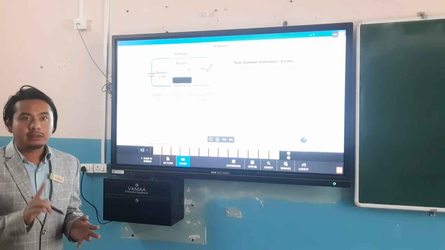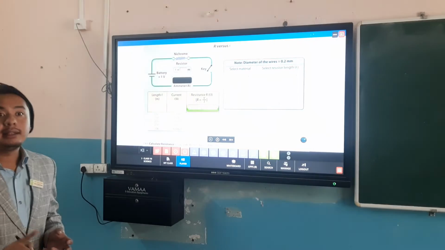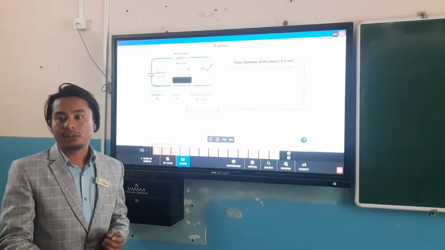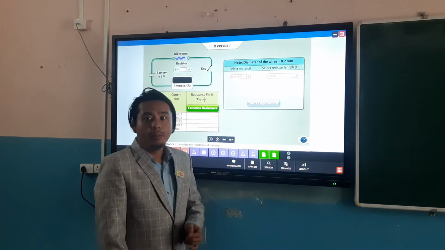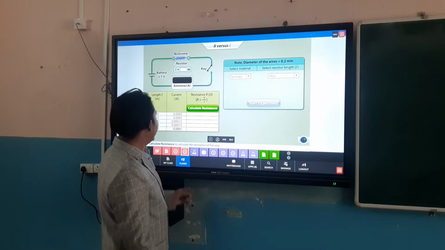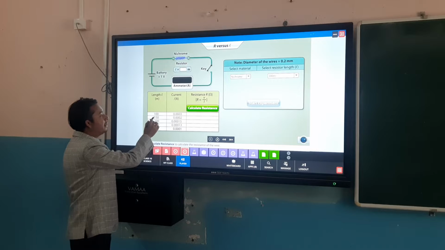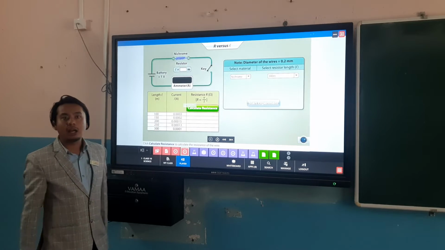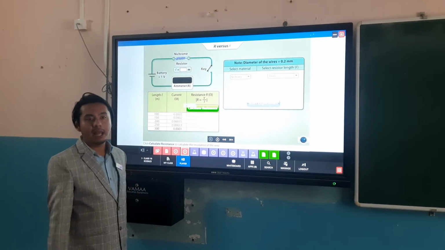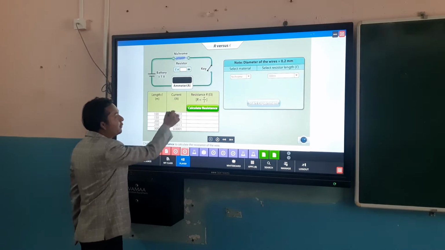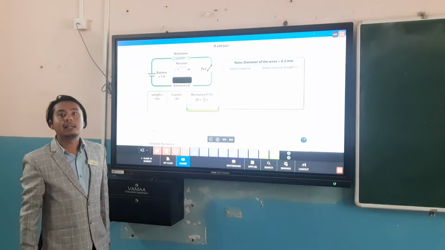The thing that is varied is the length of the nichrome wire. If you focus here, you can see every time you increase the length of a conductor, the value of current is decreasing.